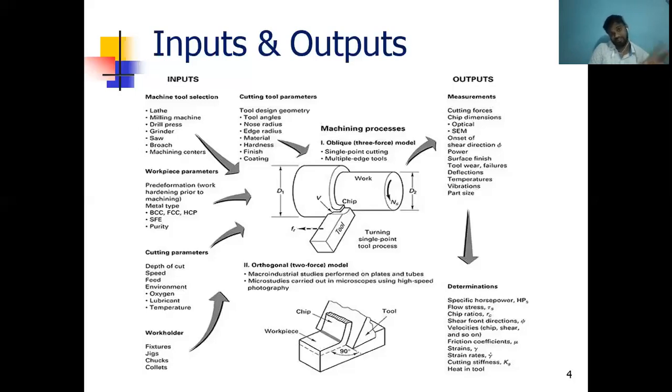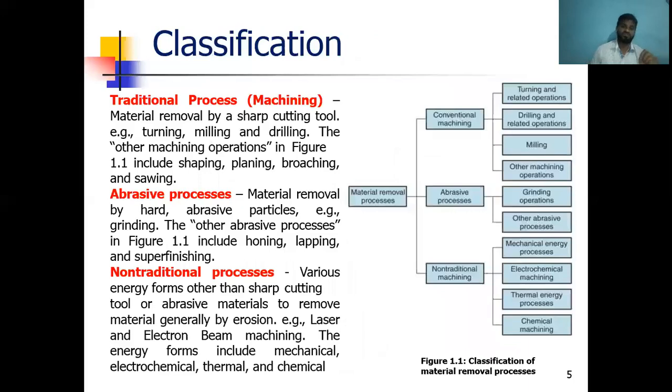With that velocity we also have chip, shear, and the remaining parts, friction coefficients, strains, cutting stiffness, heat, and tool inputs. So these are all related to the inputs and outputs of a simple machining process, right?